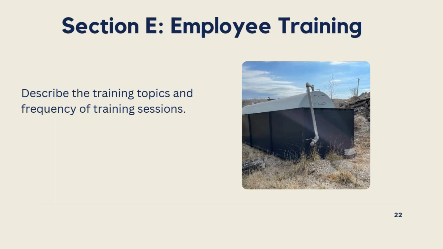It's not really necessary, but for larger facilities, this is your safety training that you give to your employees. And we ask, are you training them every 6 months, every year, every other year? It's really just so we can get an idea on if the employees are aware of the potential groundwater hazards that the site has.